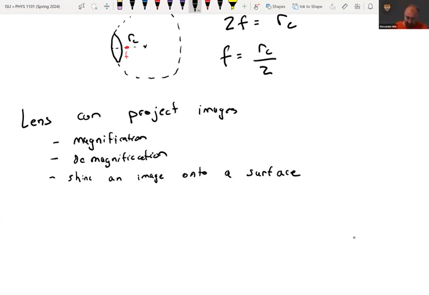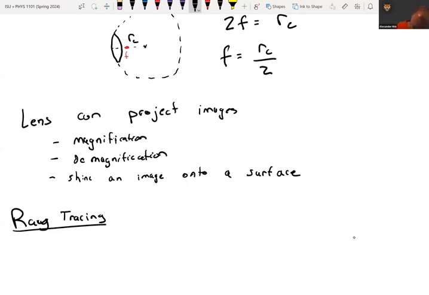Okay, so the way we figure out this image projection is something we can analyze, and we do this with ray tracing. Okay, ray tracing is basically the process of looking at the images generated by objects, or the light from objects, in the presence of lenses.